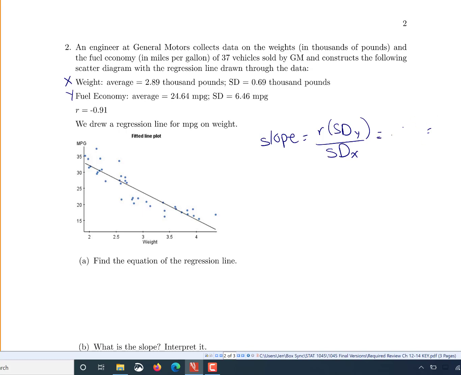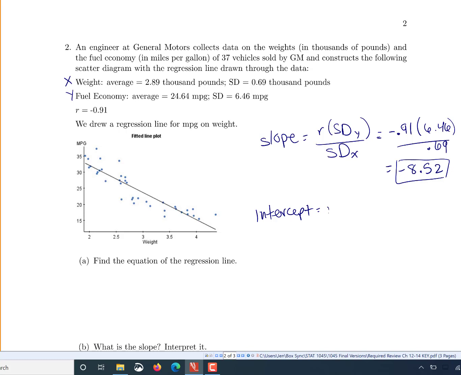Let's see, r is negative 0.91 times the standard deviation of y, which is 6.46, divided by the standard deviation of x, which is 0.69. This should give me negative 8.52. So that's my slope.